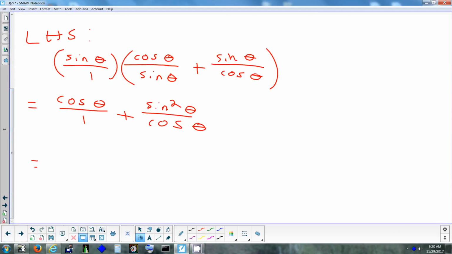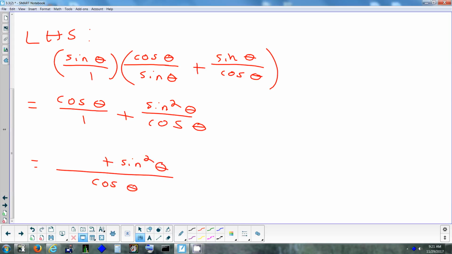Okay, and can you tell me what the common denominator would be here? Cosine. Now, since the fraction on the right already has it, you don't have to change that fraction at all. So we have sine squared on the right at the top. And now the fraction on the left, what would I multiply top and bottom by to make a common denominator?